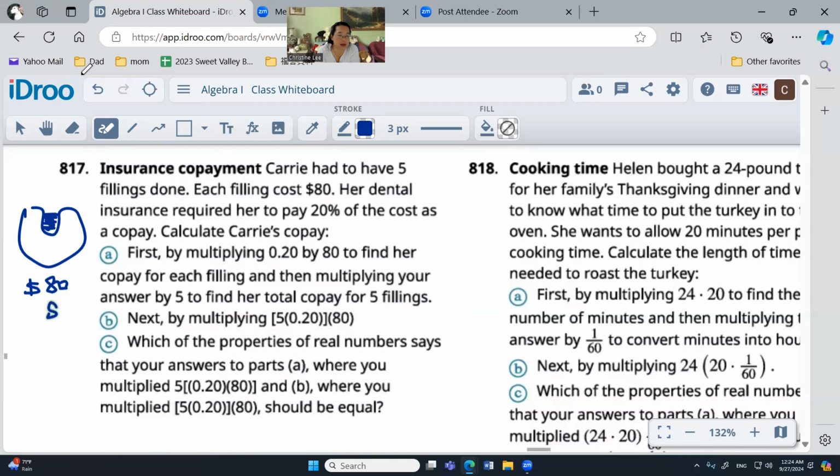So that will be 80 plus 80 plus 80 plus 80 plus 80, right? 5 of them. Or you do 80 times 5. And this is a word problem. Make sure every time you have a word problem, you have your unit in the answer. Okay, so that will be $400.